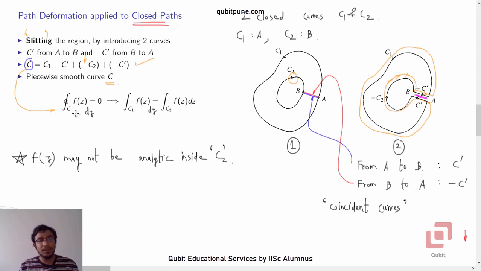Now the thing is, this actually implies that the line integral of our function along C1 will be equal to the line integral along the curve C2 of the same function.